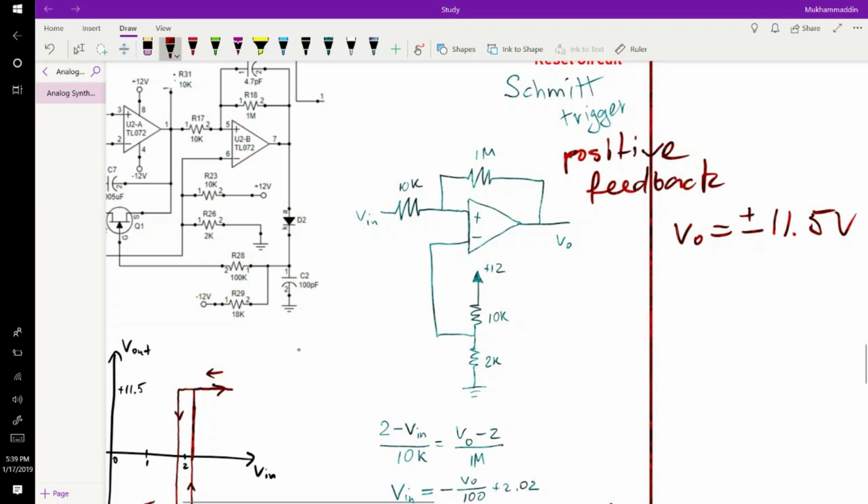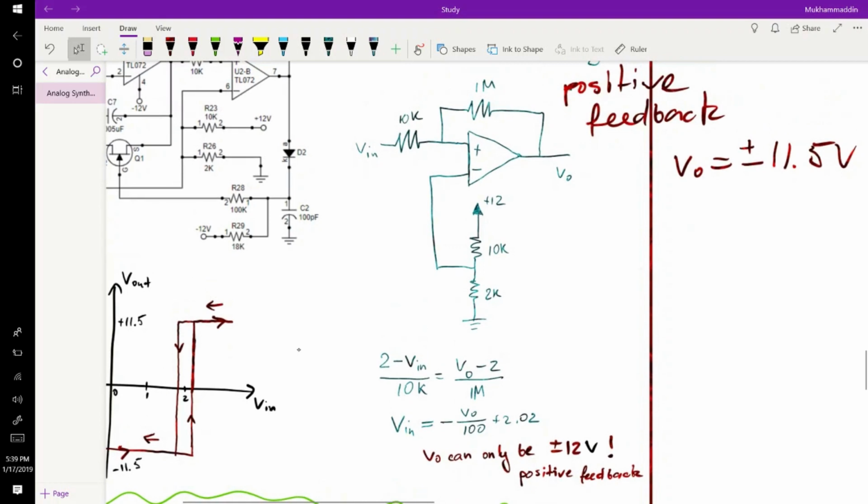This has very interesting implications. Why? We'll derive it a little below. We have a reference voltage of 2 volts. This, by the way, is what sets our threshold for when the JFET needs to be reset.